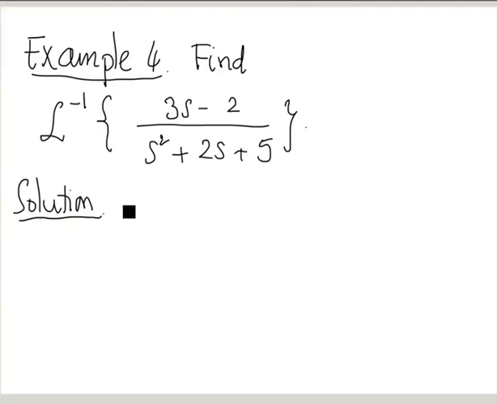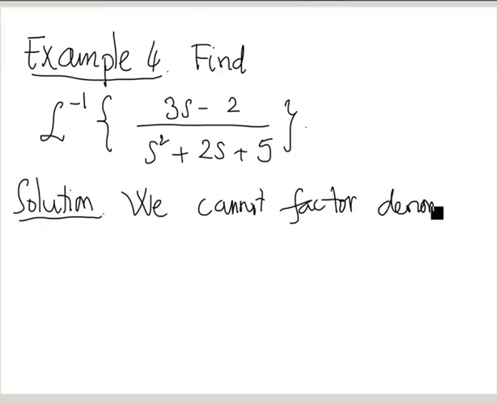As before, in order to do partial fractions, we need to factor the denominator. But unfortunately, in this case, we cannot factor the denominator. The reason is that the roots of the denominator are complex, so we cannot factor as we usually do.